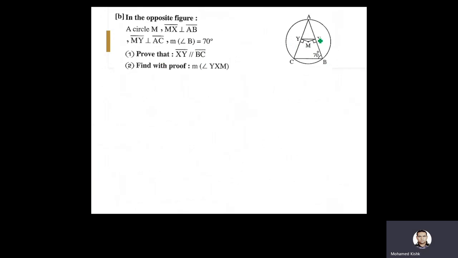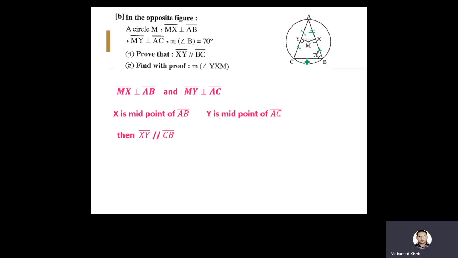We have MX perpendicular and MY perpendicular, so X is the midpoint of AB and Y is the midpoint of AC. And since they are midpoints, we know before that the line segment joining the midpoints of two sides of a triangle is parallel to the third. So XY is parallel to CB.